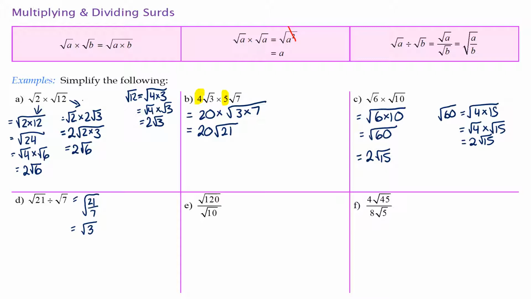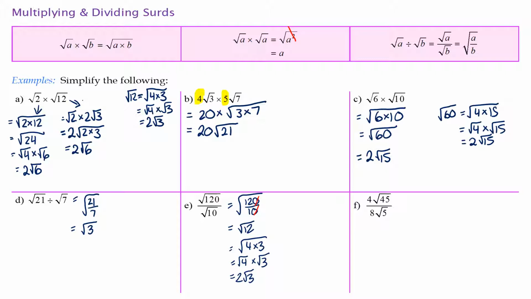Now I know 10 goes into 120, so I'm going to write that as a square root of 120 over 10, which then becomes the square root of 12, because the zeros can just cancel, dividing top and bottom by 10. Now square root of 12 can be simplified. That's equal to 4 times 3, which is a square root of 4 times the square root of 3, which is 2 root 3.